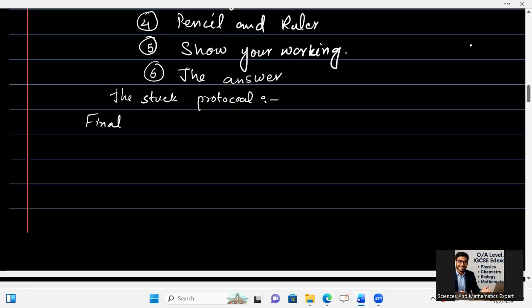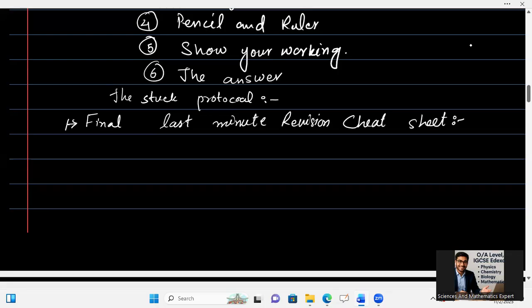That is also given to you in the form of an insert of formulas, and if the invigilators have not given it to you, you can ask for it.